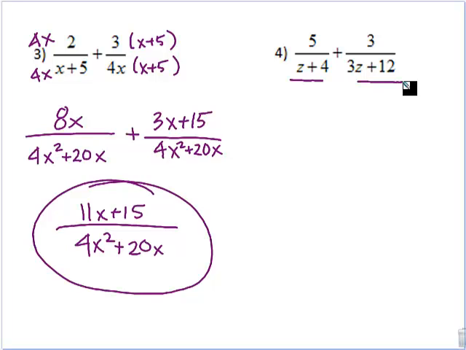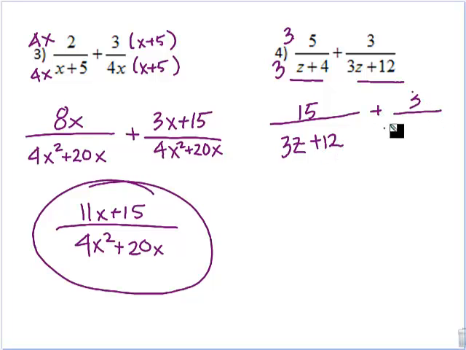And if you take a look at z plus 4, what could you multiply each of these by to make it 3z plus 12? You could multiply them each by 3. So we would times this by 3. Then our first fraction is now changed to 15 over 3z plus 12. The second fraction we didn't have to do anything to, so that one stays plus 3 over 3z plus 12. So when I combine this together, what do I end up having?